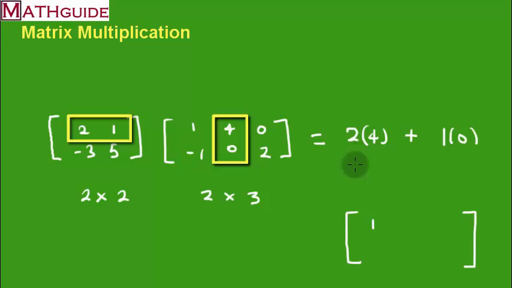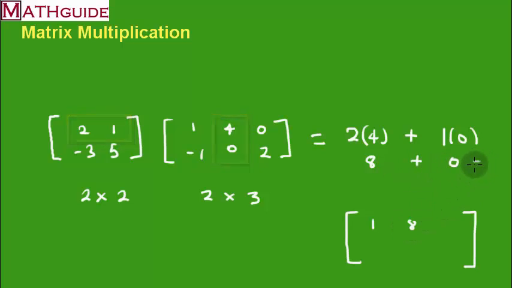Multiply, add, and I get 8. 8 is the solution, so that's why 8 went in there. That's the next number. Let's clear the space.